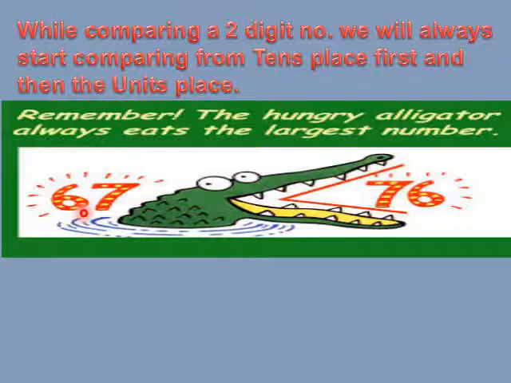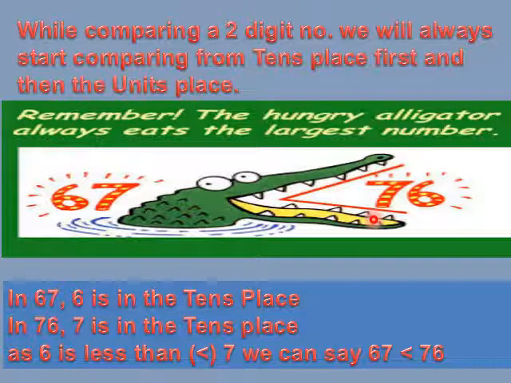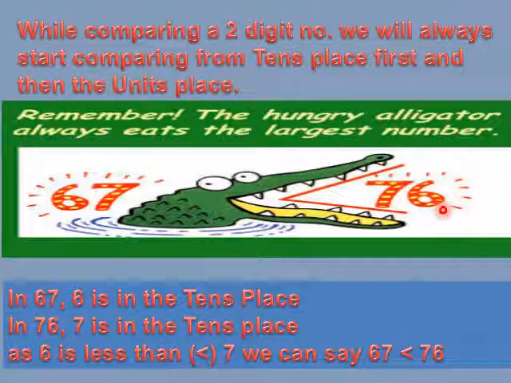So 6 in 67 is in the tens place and 7 in number 76 is in the tens place. So children, 6 is less than 7. So we can say that 67 is less than, that is the less than sign you can see, less than 76.